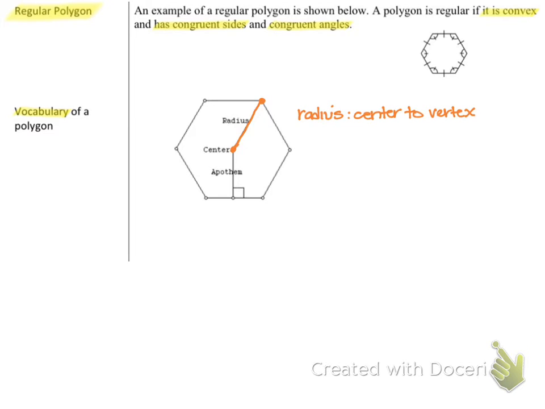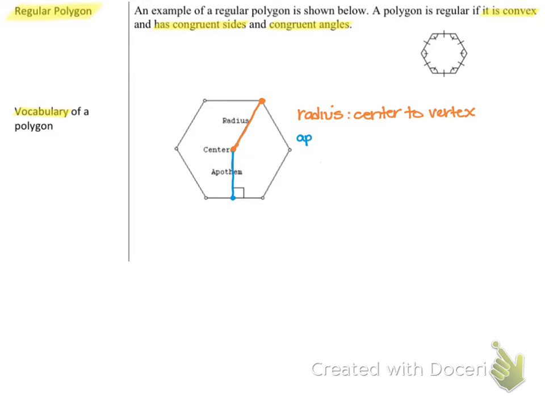So from center to vertex. Then we have this other vocabulary word, which is called the apothem. The apothem goes from the center to a side length. It is also going to be perpendicular to that side length.